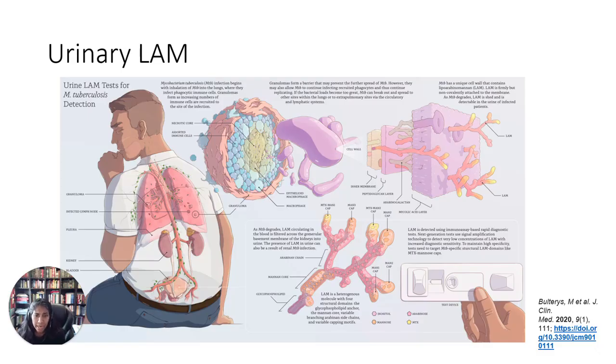So this test can be a point of care test where it's looking at the LAM, or the lipoarabinomannan, that is secreted in the urine by the kidneys, and then if it's found, that reflects active TB disease in someone living with HIV who's profoundly immunocompromised, and then they can be started on treatment. And those are the diagnostics that we have at our disposal for TB.